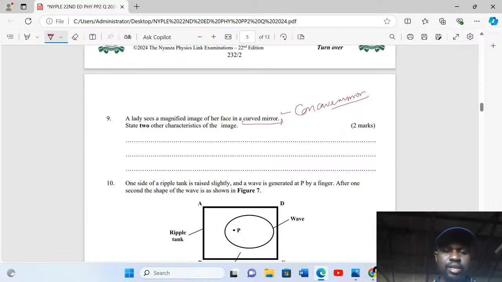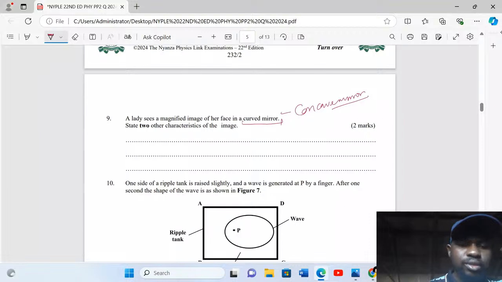Therefore, she must be between F and P of the concave mirror. A magnified image that is erect is accompanied by it being virtual.